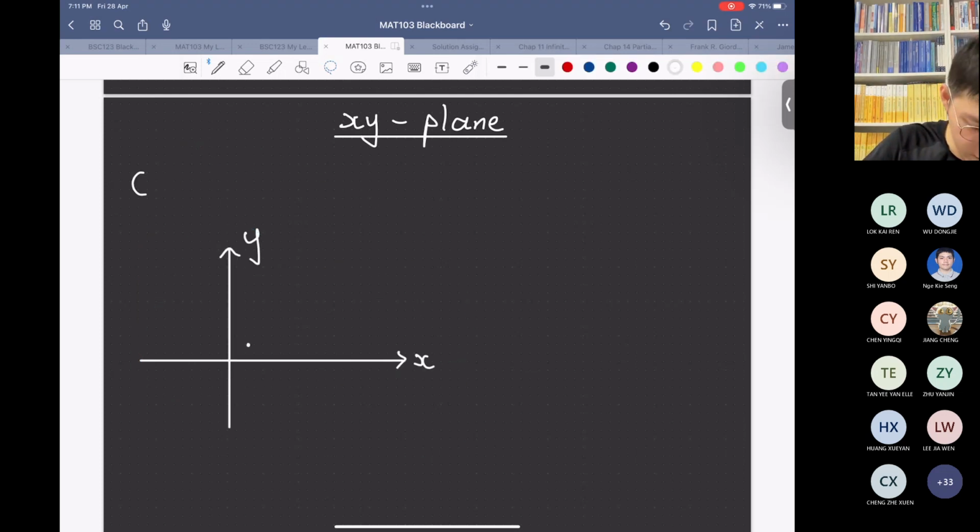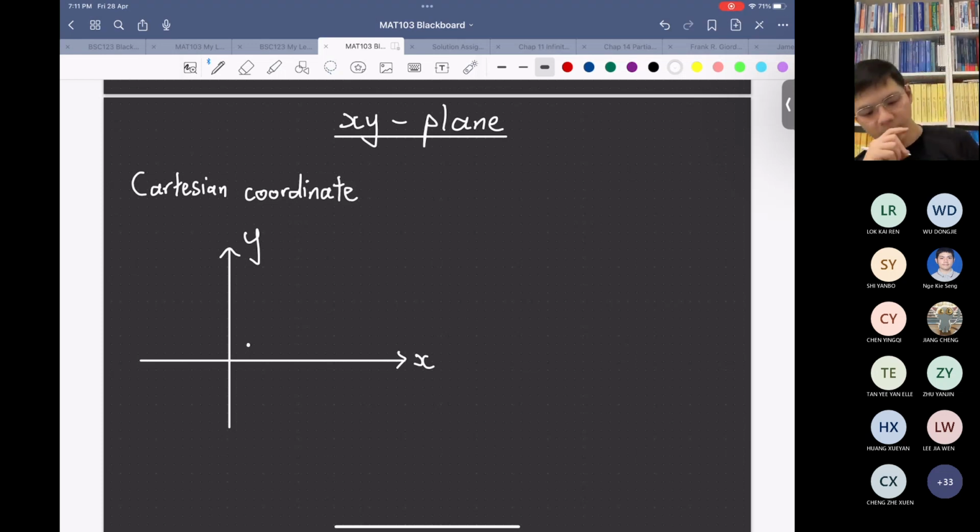So these are called the Cartesian coordinates. I hope you have heard it before. So usually we call this a rectangular coordinate.